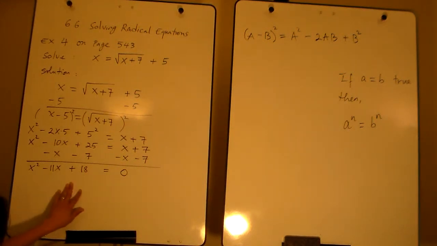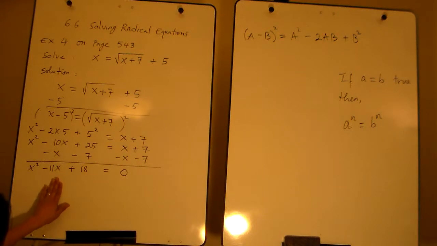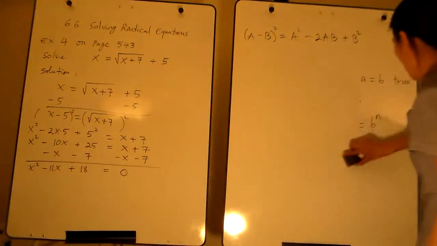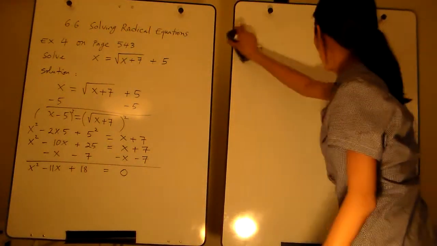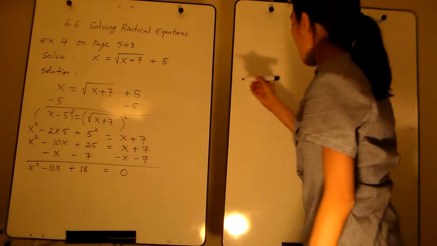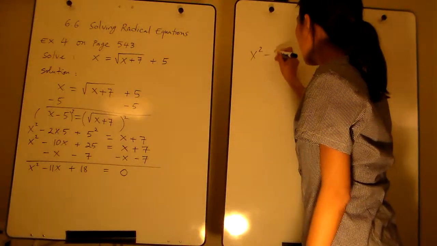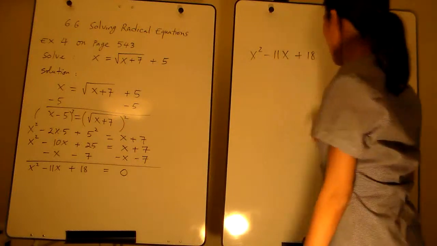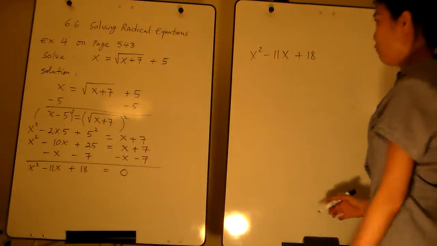Now, you have a trinomial, x squared minus 11x plus 18. We learned how to factor trinomials. So we need to factor this trinomial, x squared minus 11x plus 18. You can use the AC method, or you can use the trial method.